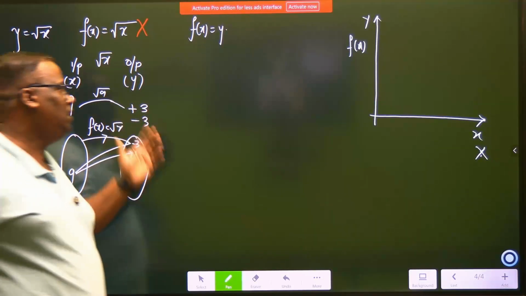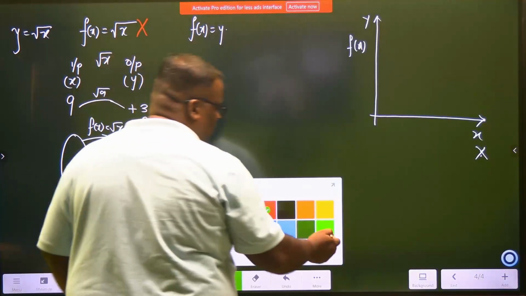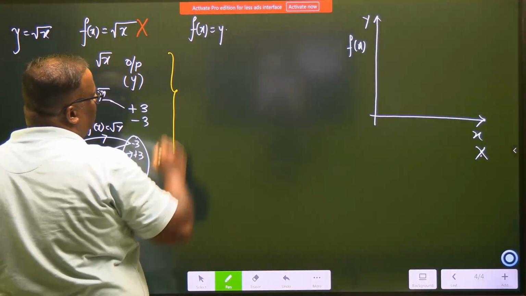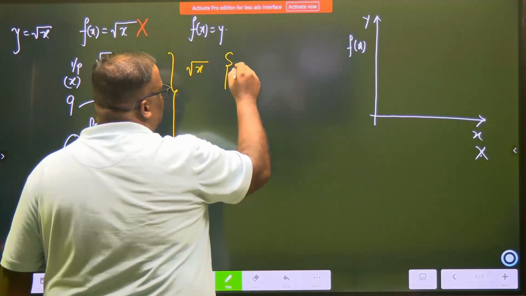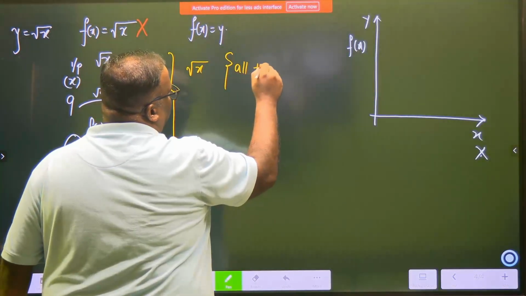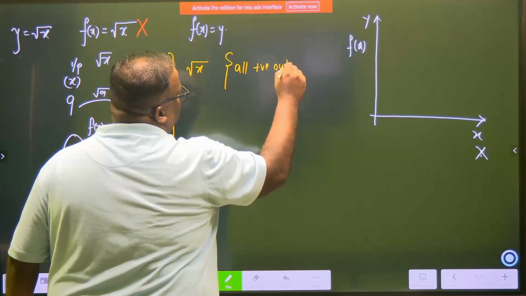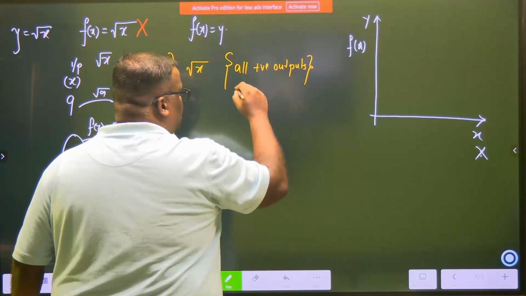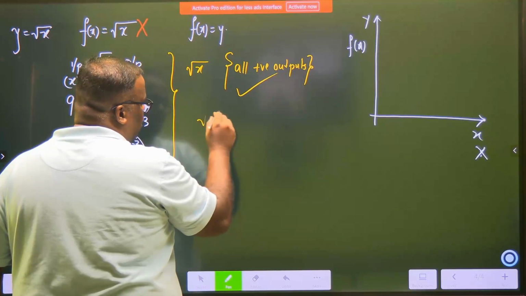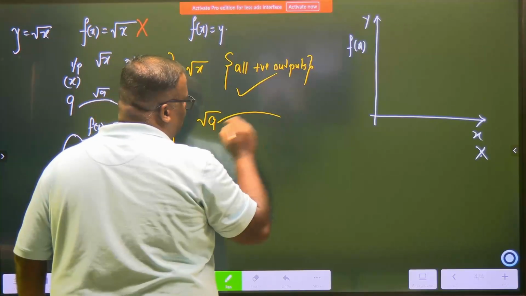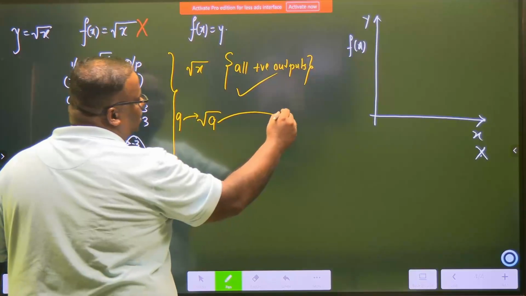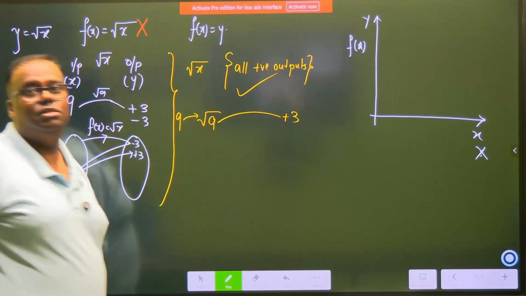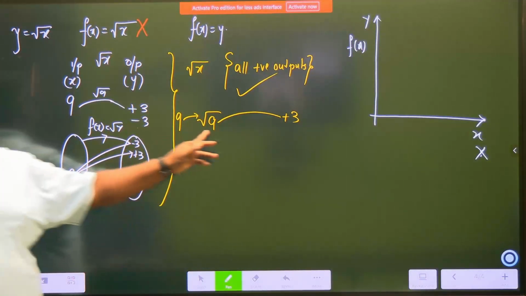When in junior books of grade 8, 9, 10, they teach you root of x, what they actually mean is all positive outputs. In this case, definitely it will be a function. Just see, I entered 9 from my input. The function is root 9. Then it will only give plus 3. Now it's a function.